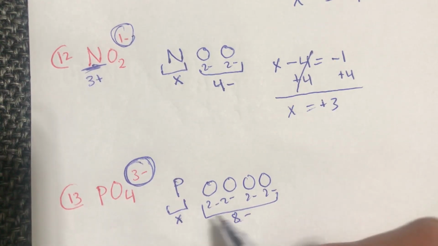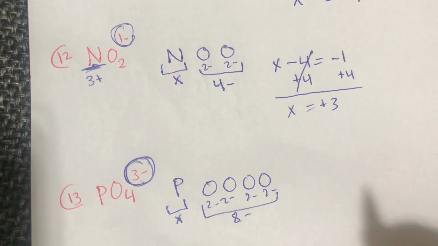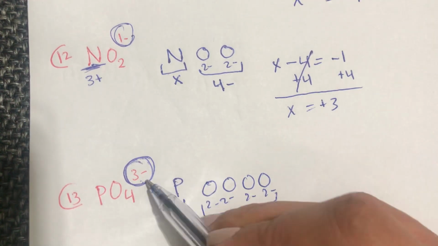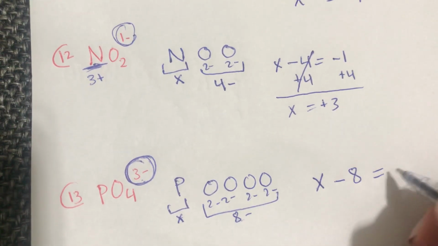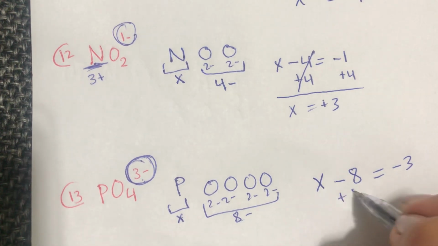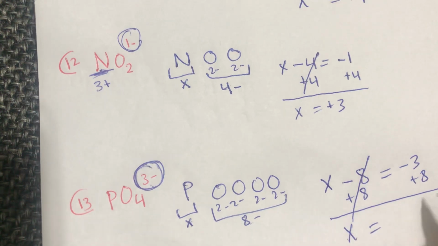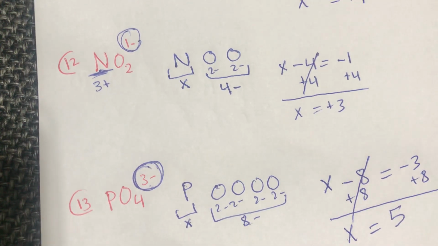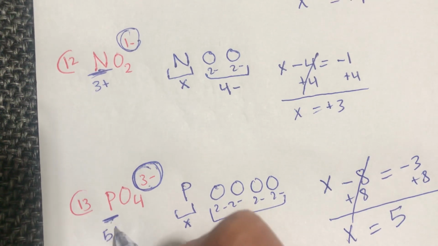So when you add the oxidation numbers to each other, the total must be equal to the charge. So equal -3, +8. So the oxidation number is +5.